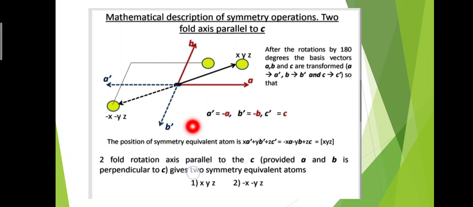So that A dash is equal to minus A, B dash is equal to minus B, and C dash is equal to C. The position of the symmetry equivalent atom xA dash plus yB dash plus zC dash is equal to minus xA minus yB plus zC. A two-fold rotation axis parallel to C, provided A and B are perpendicular to C, gives two symmetry equivalent atoms xyz and minus x minus y z.